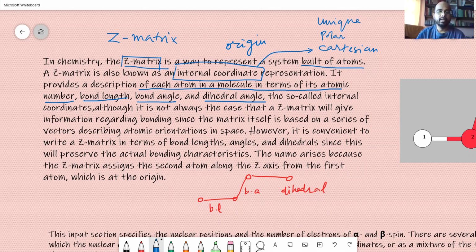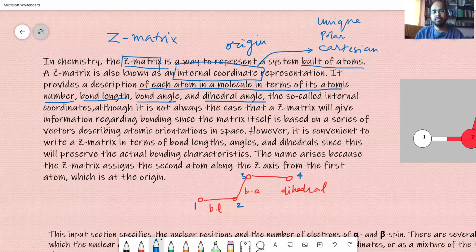For the dihedral angle, I can describe it as 1, 2, 3, and 4. These 4 atoms can be described by means of a dihedral angle, bond angle, and bond length. This is also called the torsional angle.